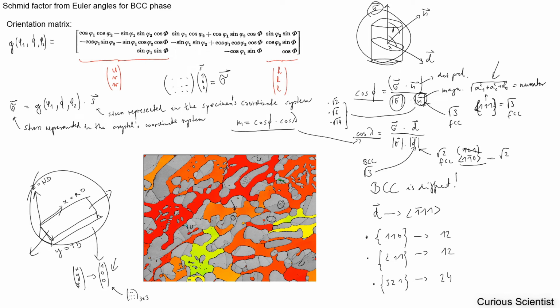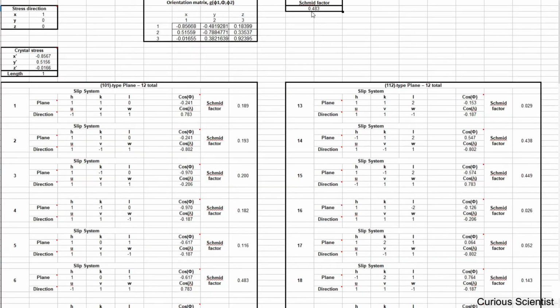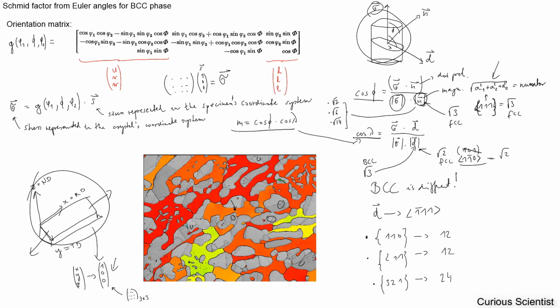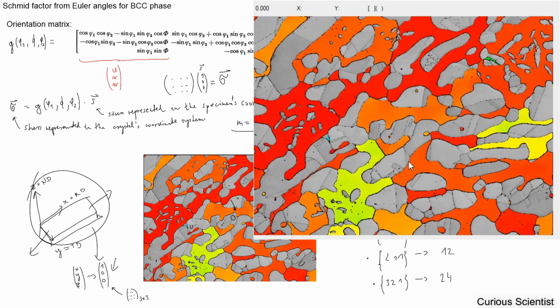So I took the Euler angles of somewhere from here, and then if I go back to the table, let's just check the value. 0.483 or 0.48. We might neglect the last digit, but 0.483. So now I open the software and I just show the most important area from that window.